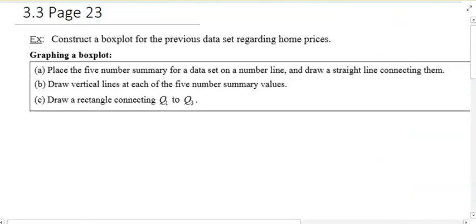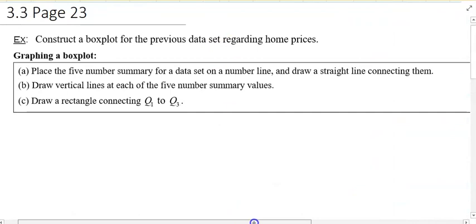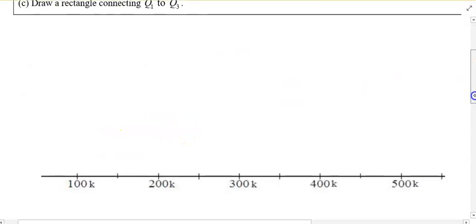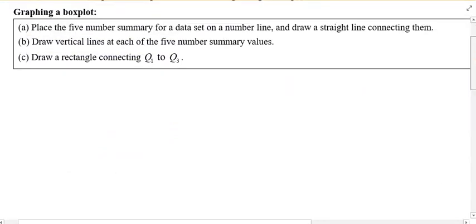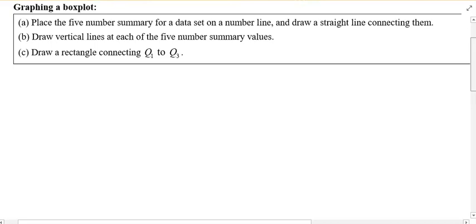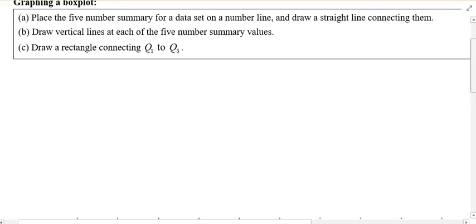Now if I go ahead and put those on a number plot, this is how it would look. You would pretty much get a straight line. It's provided actually. So place the 5-number summary on the data line and draw a straight line connecting them.